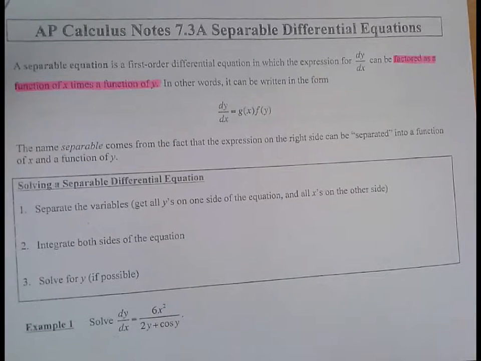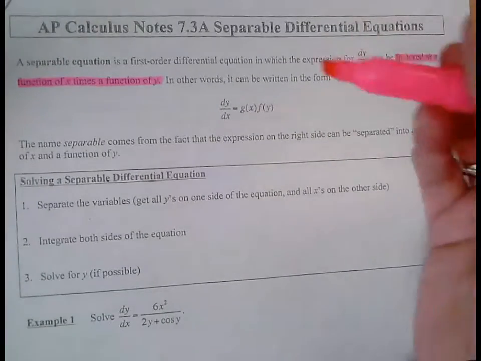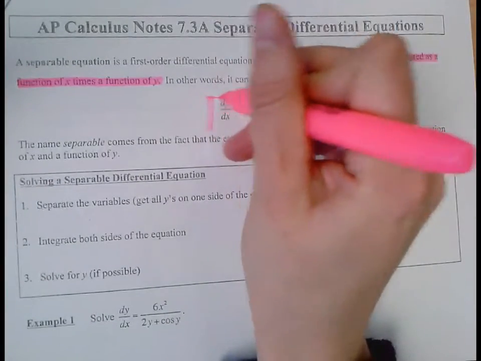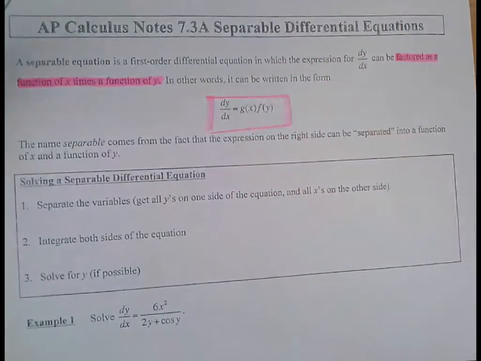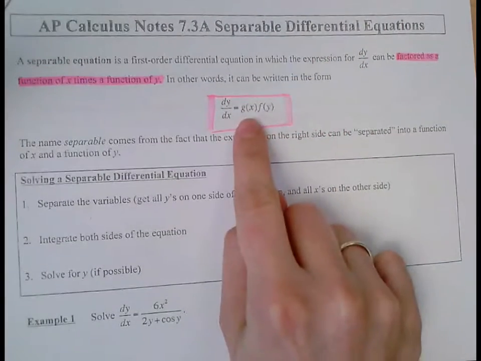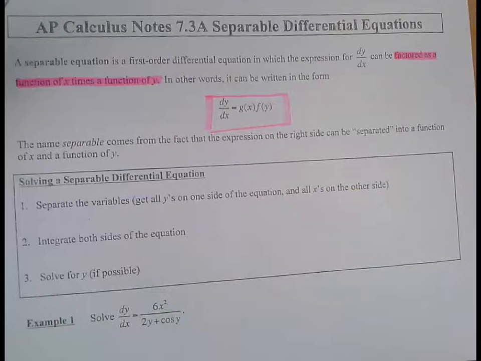So not a function of x plus a function of y, they have to be multiplied. So in other words, it can be written in this form: dy/dx equals some function of x, g(x), multiplied by some function of y, f(y). So if you can write it in that form, it is separable.